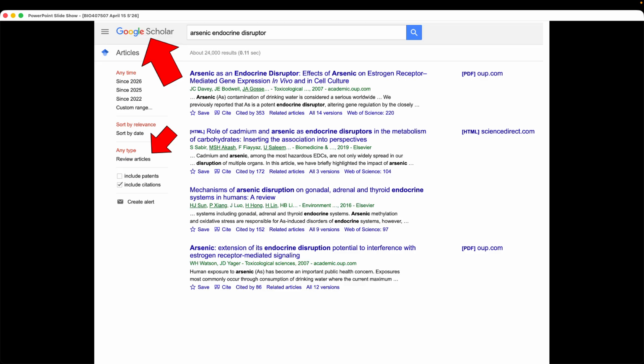And then there are review articles. And review articles are really helpful too. A review article sometimes is reporting new scientific discoveries, but that's not its main purpose. Its main purpose is to catch the reader up on recent discoveries in the field. And so that's very helpful too. And so you can control that.